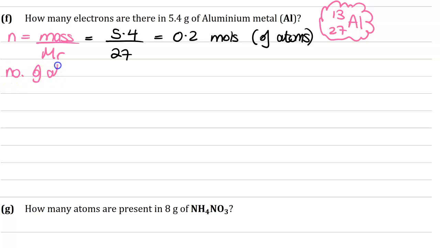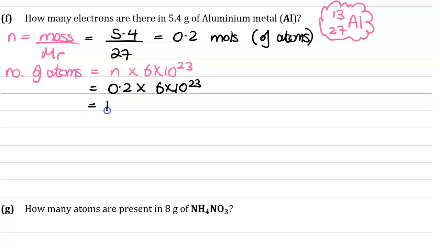So number of atoms is equal to n multiplied by 6 by 10 to the 23. And that's equal to 0.2 multiplied by 6 by 10 to the 23. So that's equal to 1.2 by 10 to the 23 atoms.